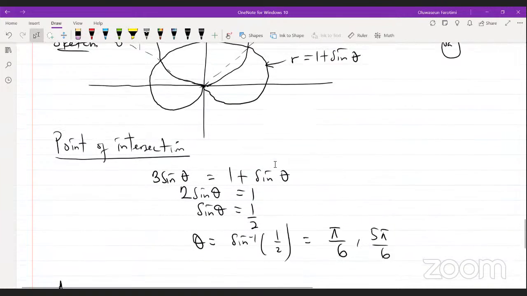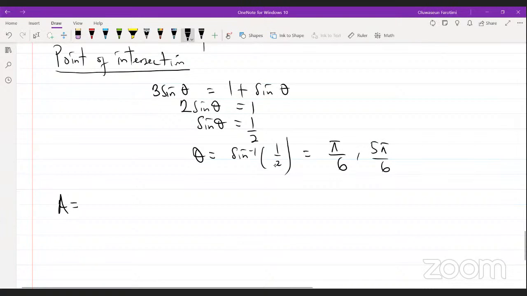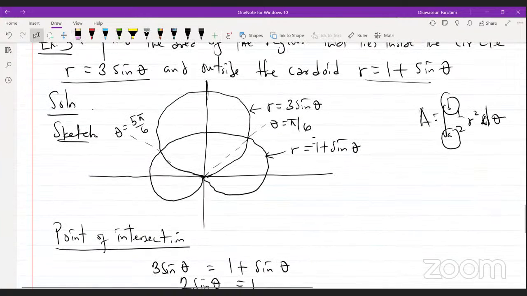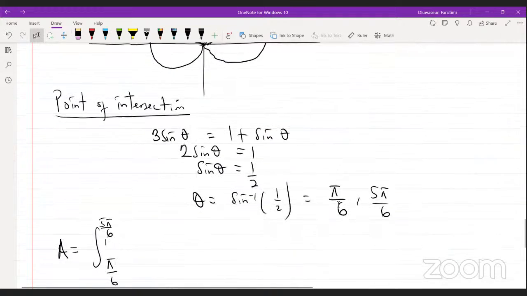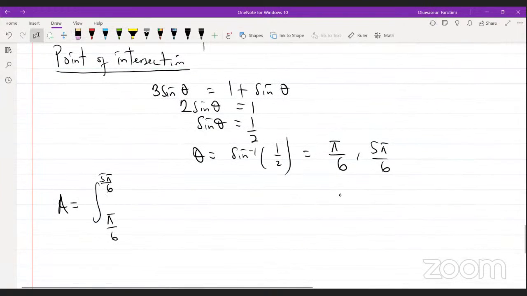So what do I know, guys? I have pi over 6 and 5 pi over 6. But now go back to the curve. There's a curve on the top and another one that lies below it, so I'm free to do top minus bottom.